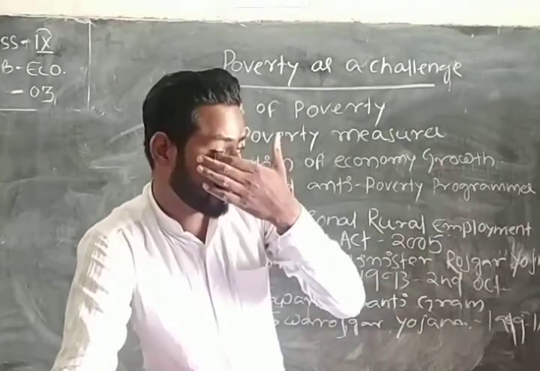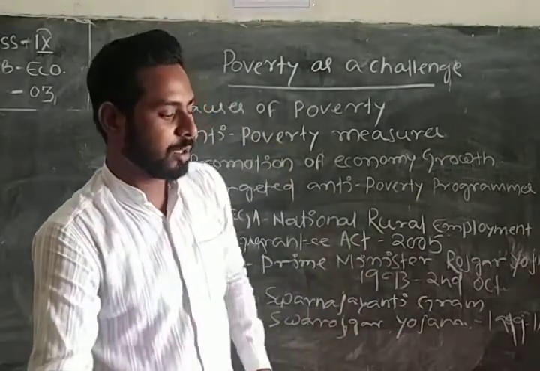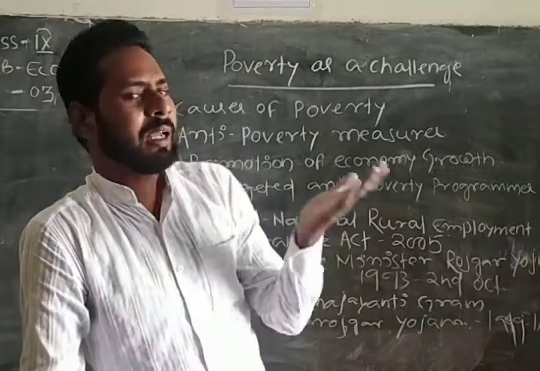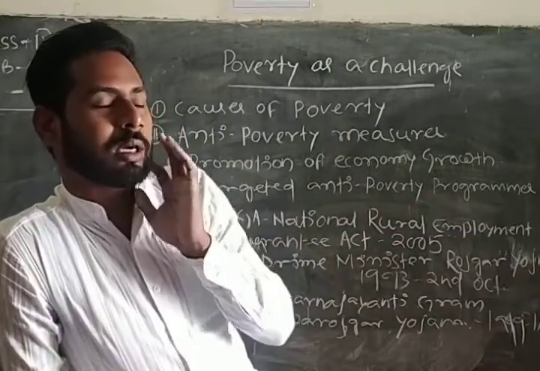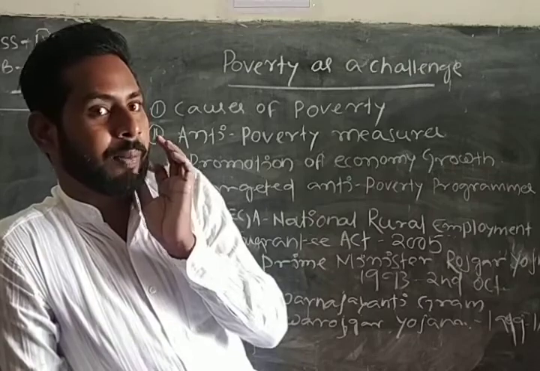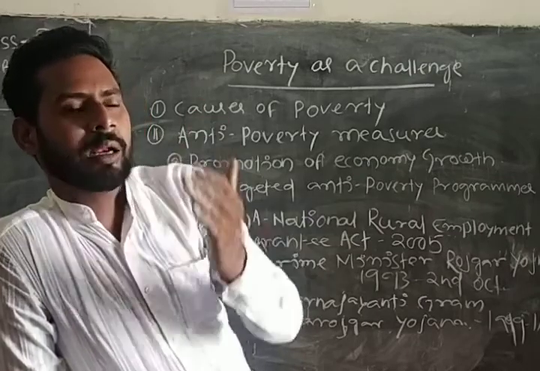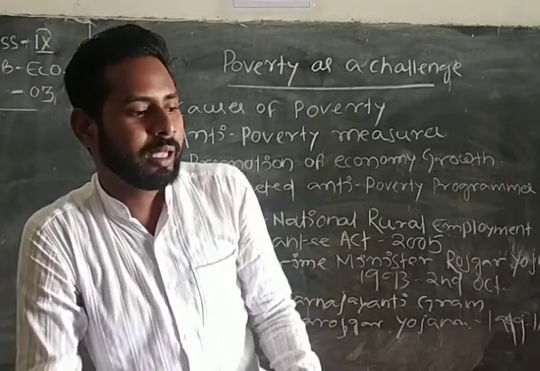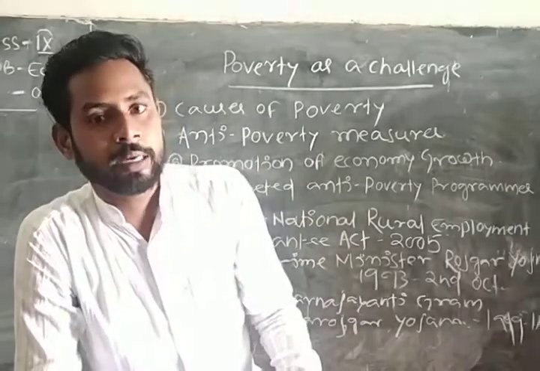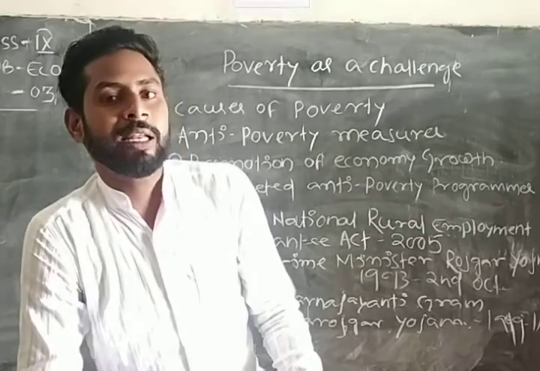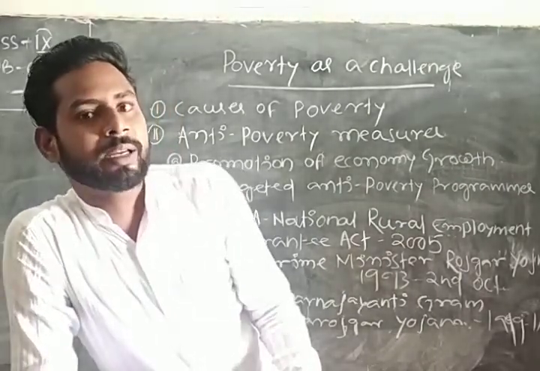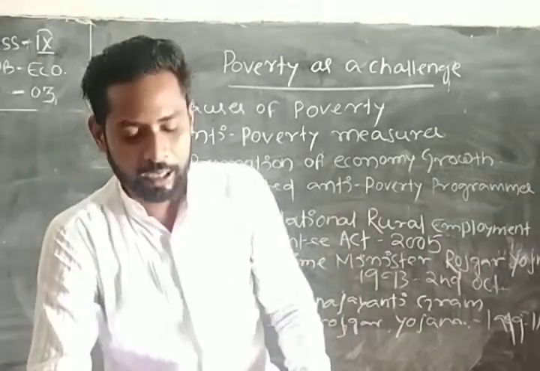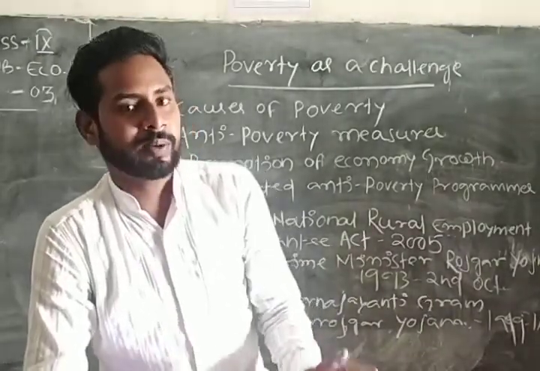Most countries faced problems like poverty, but nowadays poverty is rapidly going down, and its reduction is happening day by day. Many schemes are also implemented by different governments and states to prevent problems like poverty.